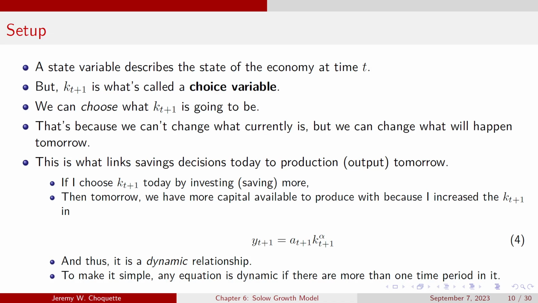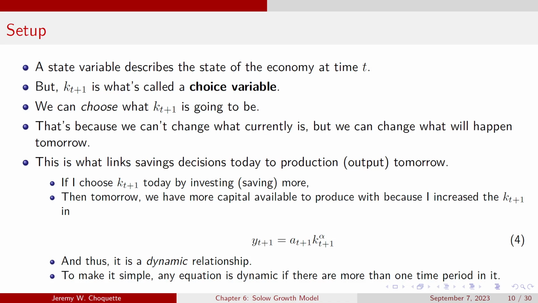So because we can choose what k_{t+1} is, it's a choice variable. So we can't change what capital currently is, but we can change what capital will be tomorrow. So we can't change today, but I can change tomorrow. And that's what links the savings decisions today to production or output tomorrow, because I choose k_{t+1} today by investing or saving more, right?